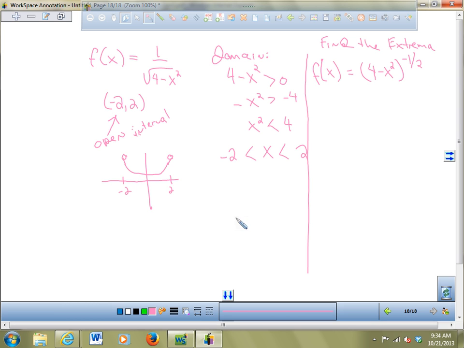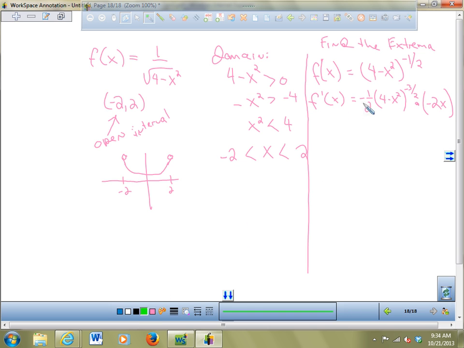Okay. f prime of x equals -1/2 times 4 minus x squared to the -3/2 times the derivative of the inside, which is -2x, which a lot of you guys forgot to do on the test. Okay, you always have to take the derivative of the inside function.